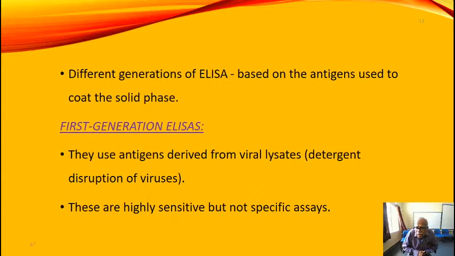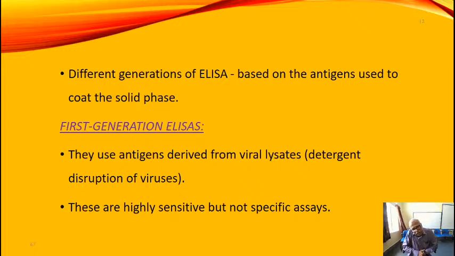So these are the designs. I told that I will talk about the first generation tests. The first generation tests were giving a lot of false positive reactions, because the antigens are prepared from viral lysates, where the virus is subjected to lysis by adding detergents.